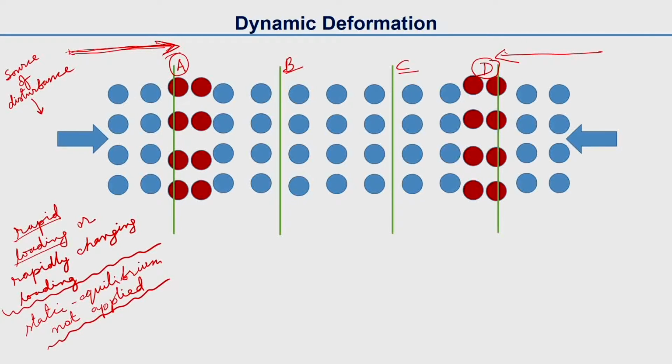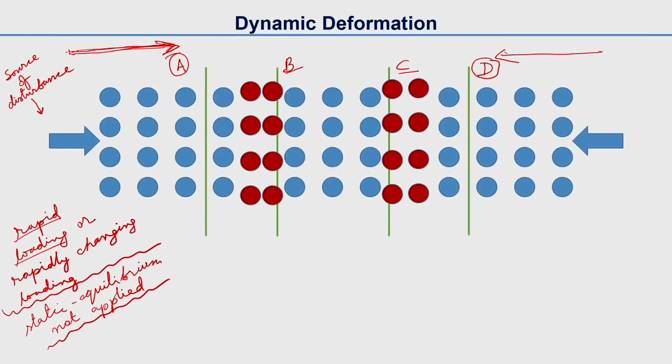But after some time, sections B and C will experience the stress. Now the stresses in A and D will be reduced or may vanish. Whatever we are discussing, this propagation of the disturbance, is nothing but wave propagation.